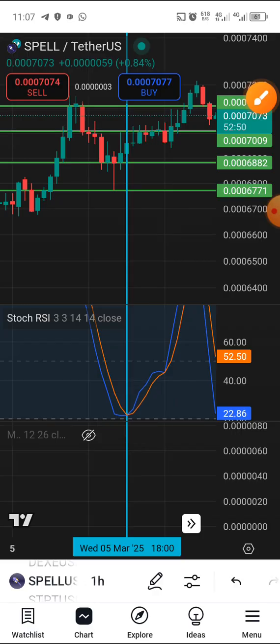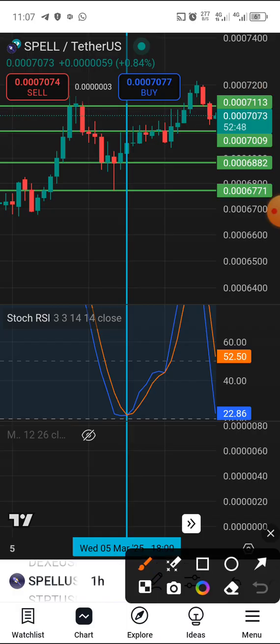The moment you see this blue line here, which is the signal line, is about to cross the average line, then monitor that trade closely. Monitor that trade closely, paying attention to these candles here and the time here.